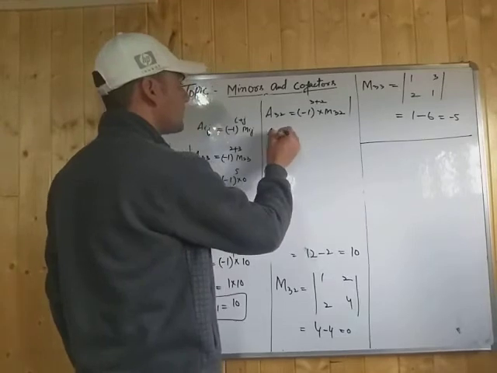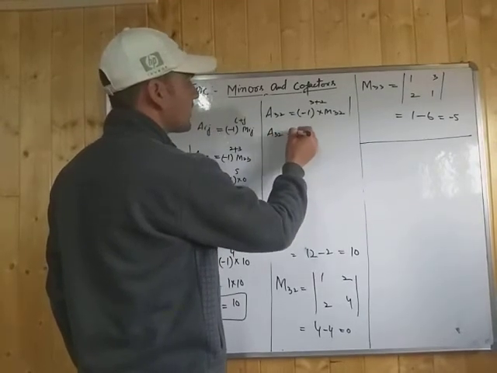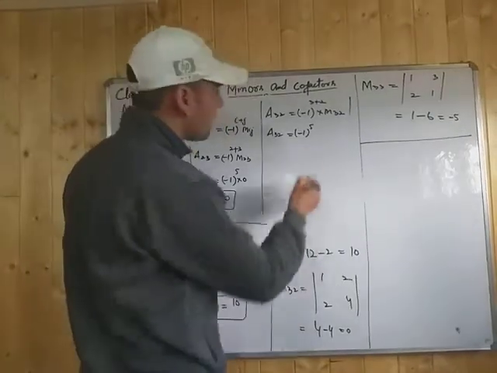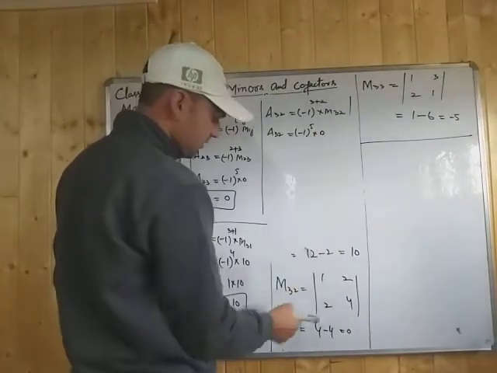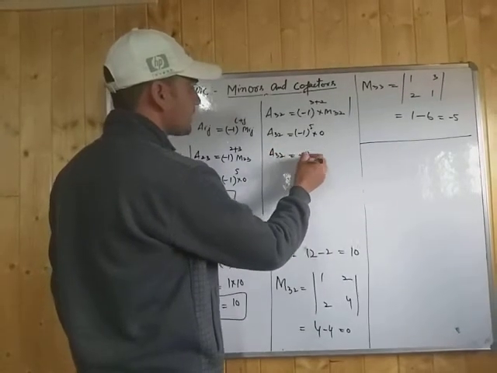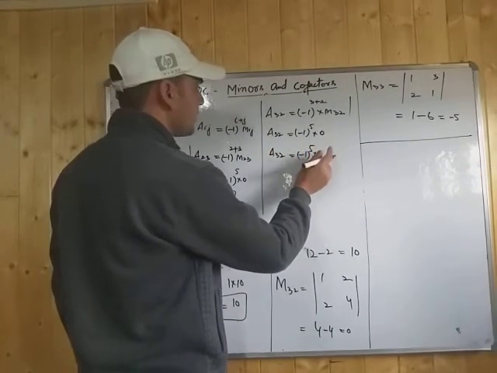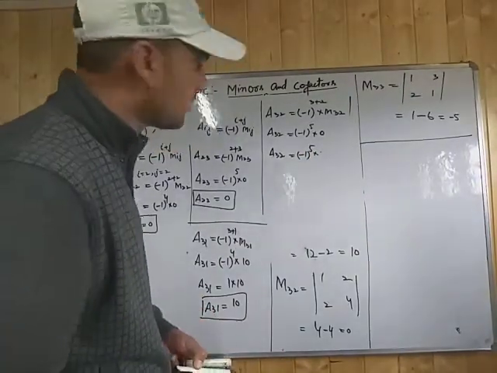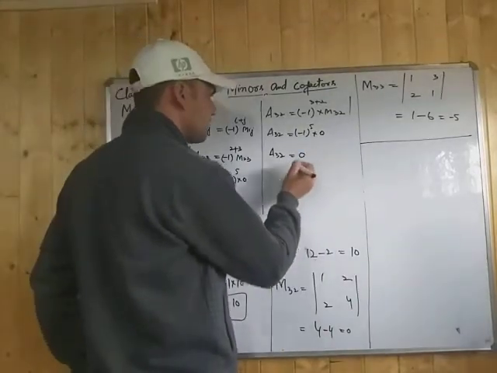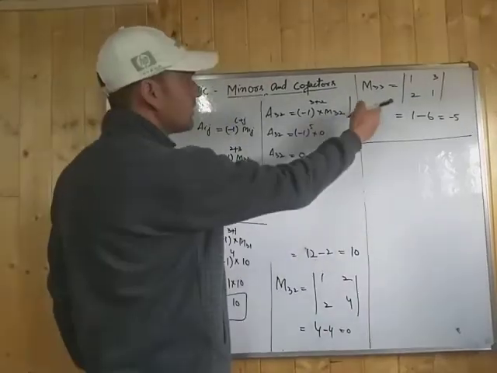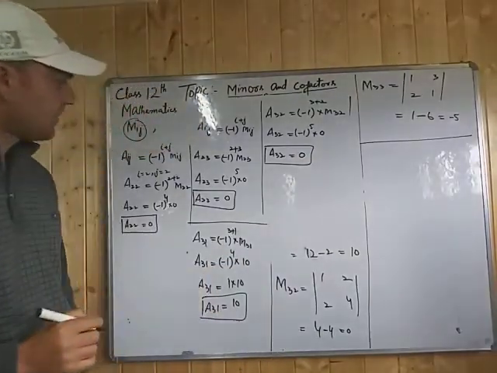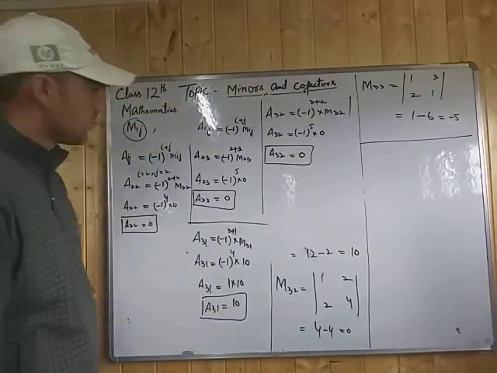So A32 is equal to minus 1 raised to power 5 into, so M32 is 0, so the whole will be 0, this will be 0. Similarly we'll calculate here, so this is 0. तो इस तरीके से आप कोफैक्टर्स को निकाल सकते हैं.